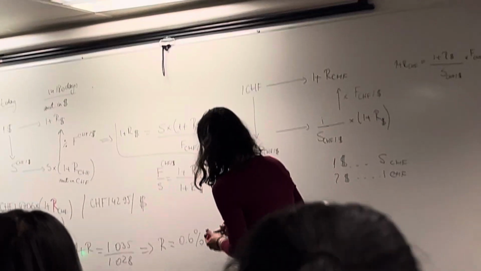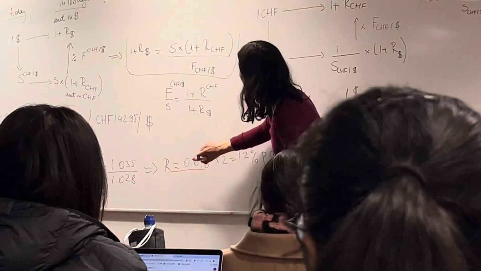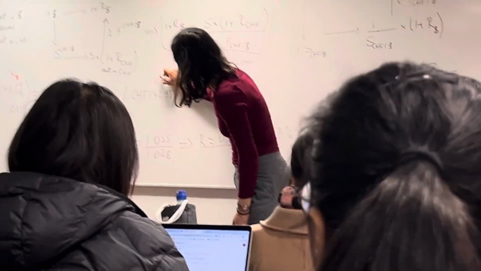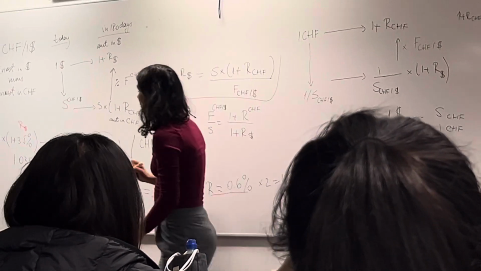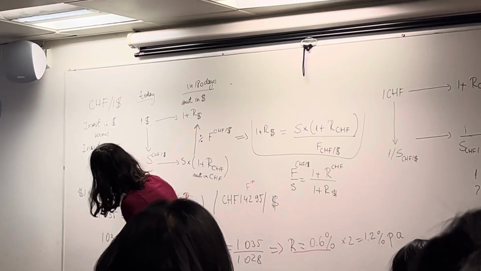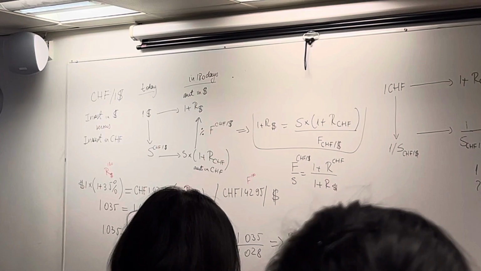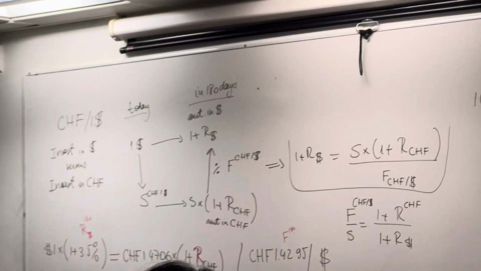So this is a per annum rate, because this rate was only for 180 days, which was consistent with our F. The F was for 180 days, and that's why we transformed this from a per annum to a 180-day rate. Then the next one.